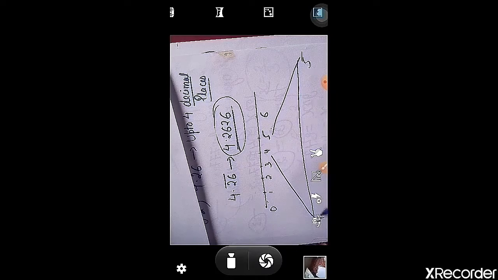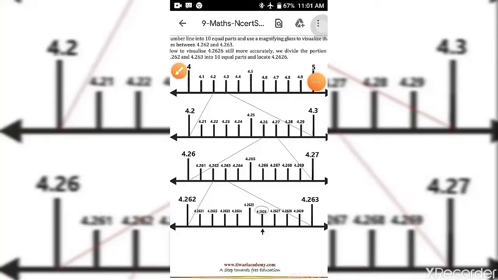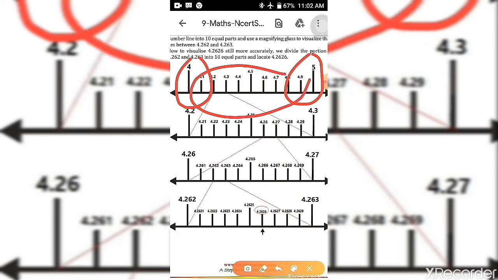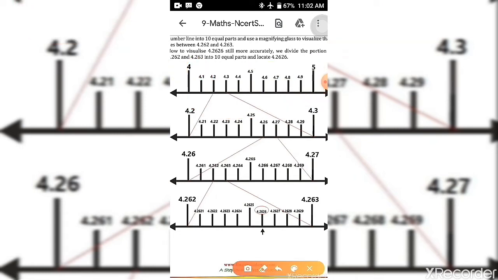So we will split it like this, 4 and 5, and write 4.1, 4.2, 4.3, 4.4 and so on. In the solution, the 4 and 5 are written, or you can make the number line like 0, 1, 2, 3, 4, 5 and skip the lines before 4. So we write 4 and 5 like that, and we again divide 4 and 5 into 10 equal parts, like 4.1, 4.2, 4.3 and 4.4, till 4.9.